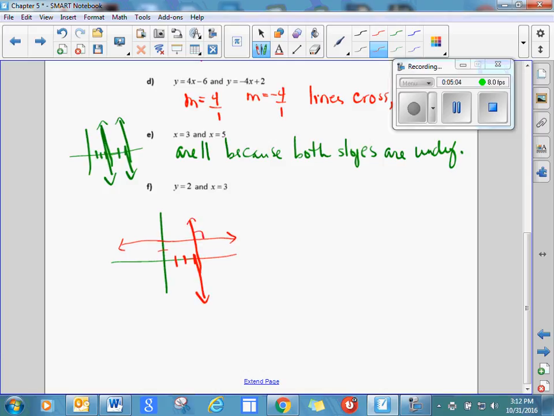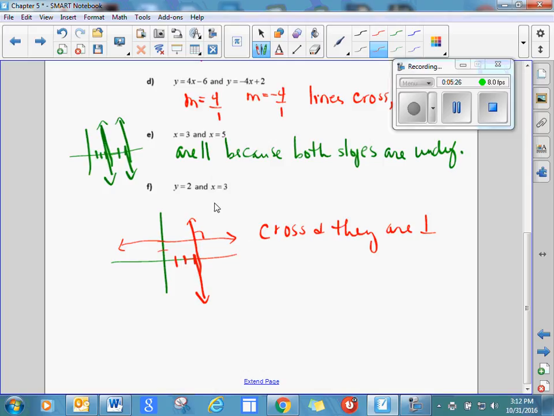These guys cross and they are perpendicular. This is a little bit of a special example because one of them has an undefined slope and one of them has a zero slope. You might say, well, that's not really negative reciprocal, but these are just those rare occasions where you have something that doesn't quite fit the pattern.